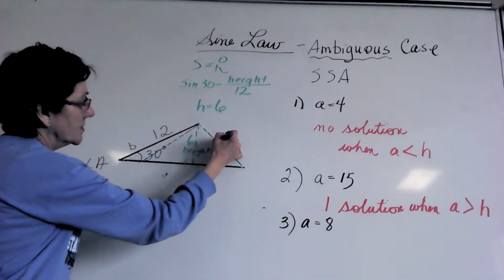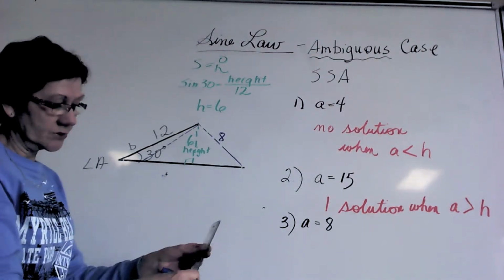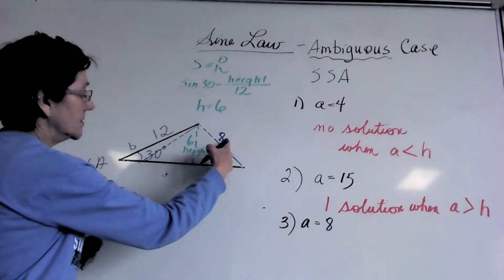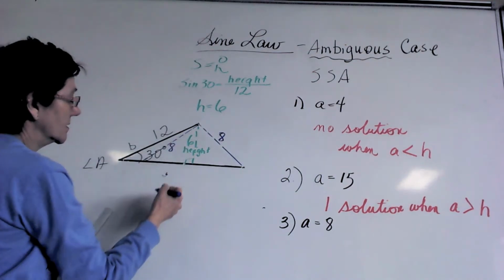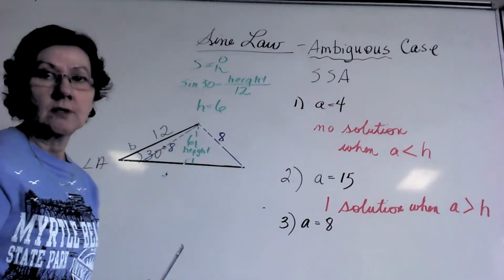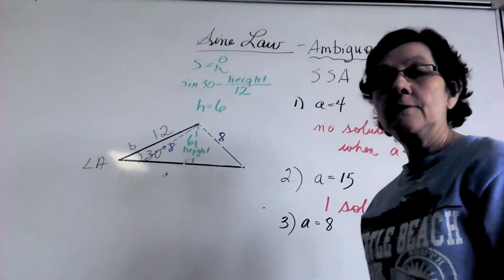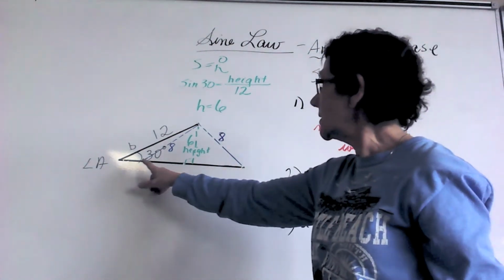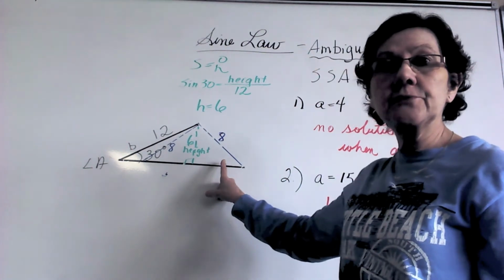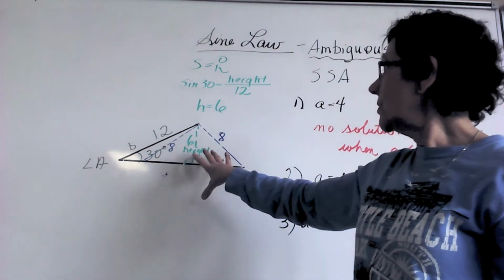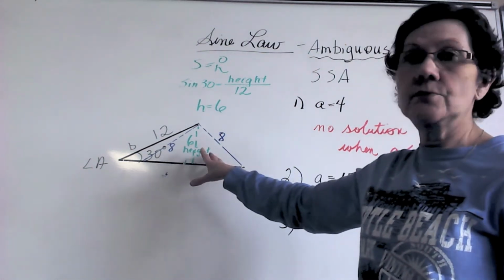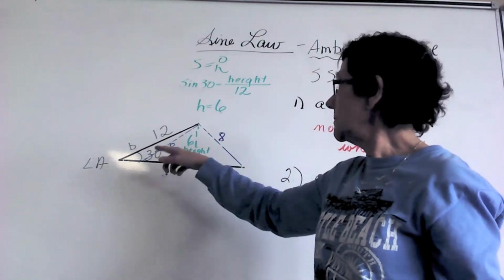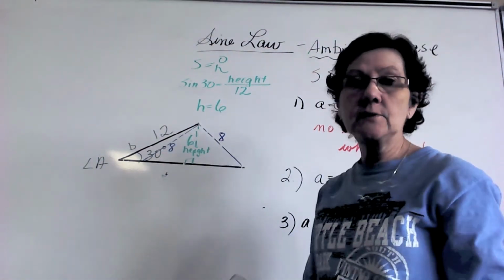Because this is a measurement of 8, and as you see I measured it more or less accurately. This is 8 units, but so is this. And both of those form a triangle that give you a different answer, obviously. If you're solving for this angle, you're going to get a completely different measurement. So that one has 2 solutions. This side is the same, but the measures of all your angles are going to be different.